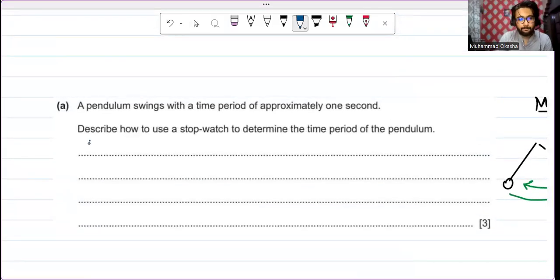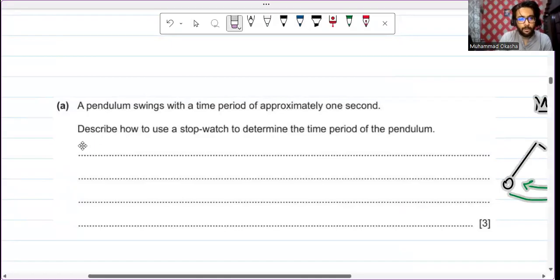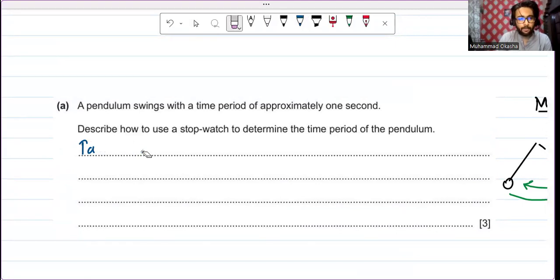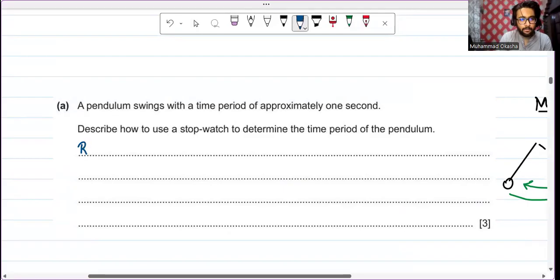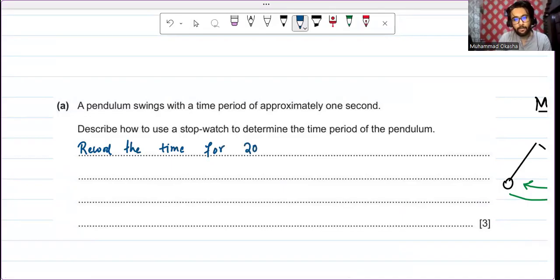You would say, I would record the time for 20 to 30 oscillations, right?